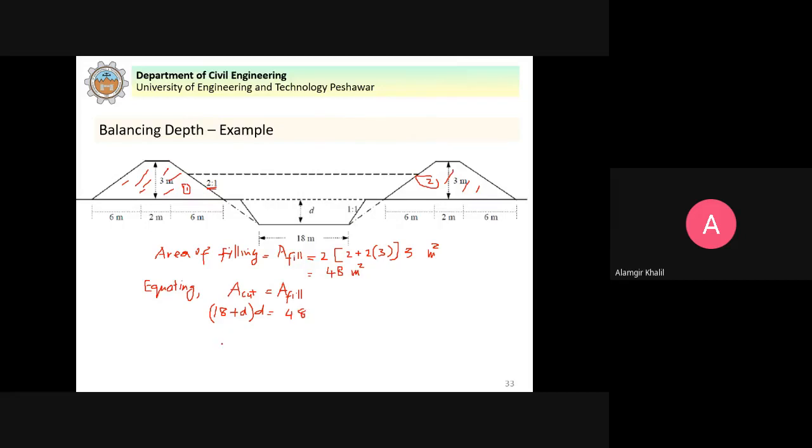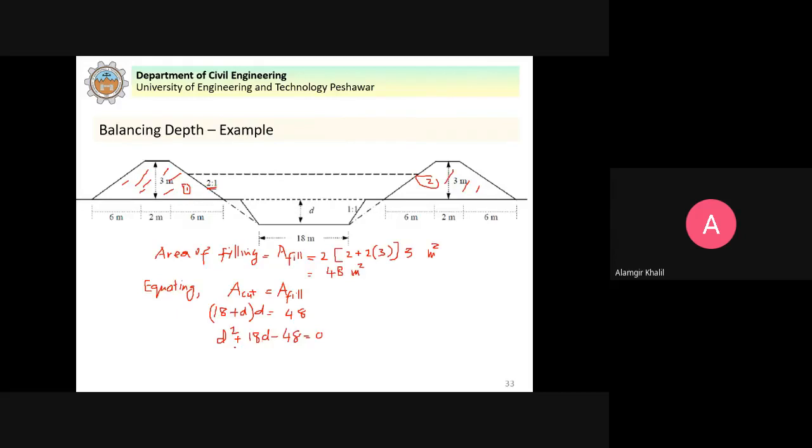Now we can just simplify. So this will be D square plus 18 into D minus 48 equal to 0.